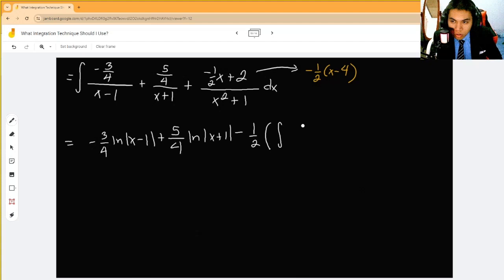Now we have the integral of x over x squared plus 1 dx, minus, this is going to be a 4, we just take that out, 4 integral of 1 over x squared plus 1 dx.